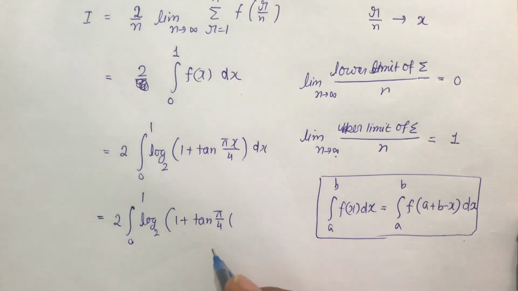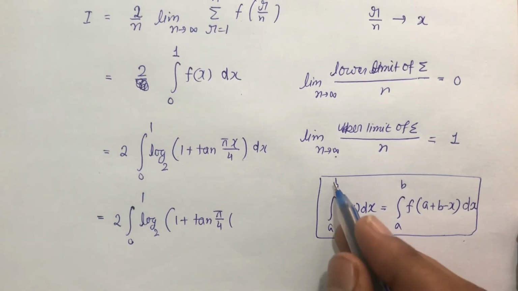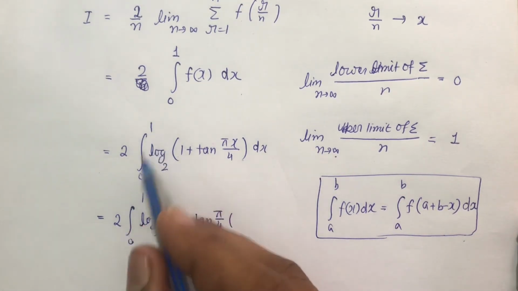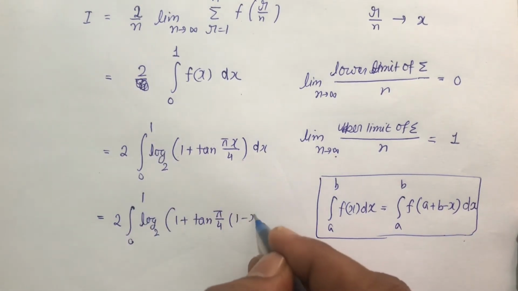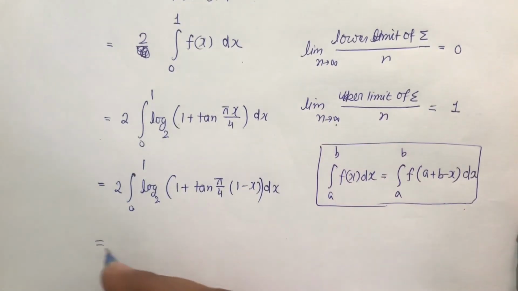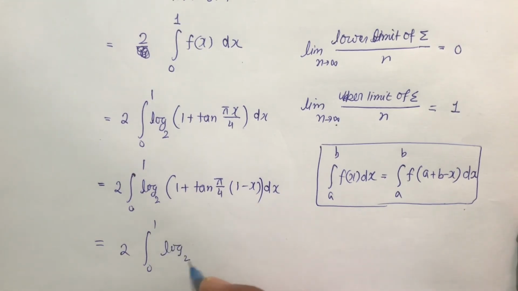In place of x, I can replace a plus b minus x, meaning lower limit plus upper limit minus x. That means 0 plus 1 minus x, which is 1 minus x, dx. So this will become twice the integral from 0 to 1 of log base 2.